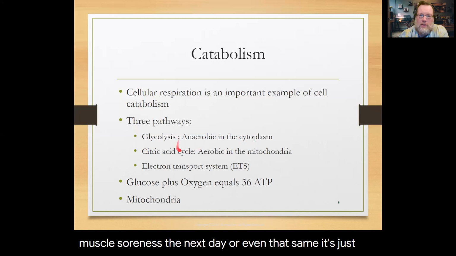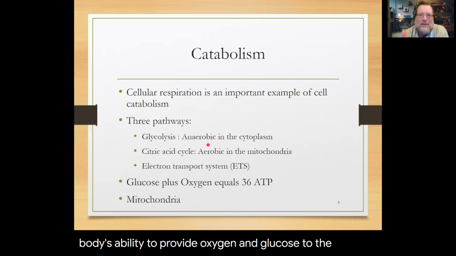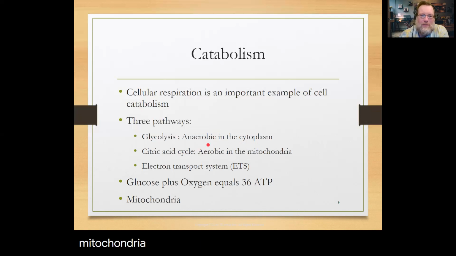It's just because the requirements that you have for your muscles to perform activity outweigh the body's ability to provide oxygen and glucose to the mitochondria. Your needs outweigh the supply that you have, so the demand is outweighing the supply.